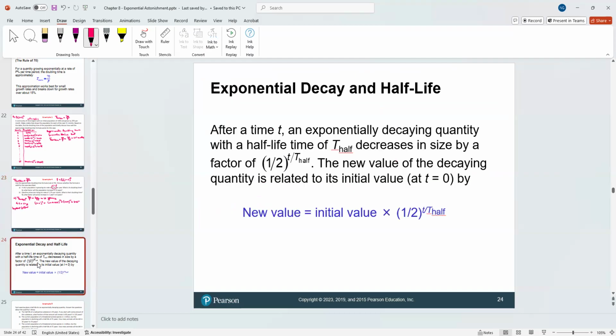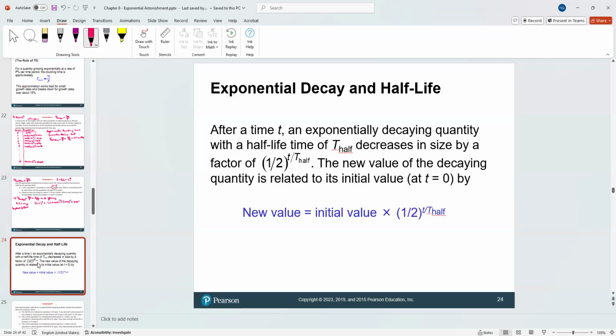Now, other topics to cover in this video are exponential decay and half-life. Very important. Exponential decay occurs whenever a quantity decreases by the same percentage in every fixed time period, right?